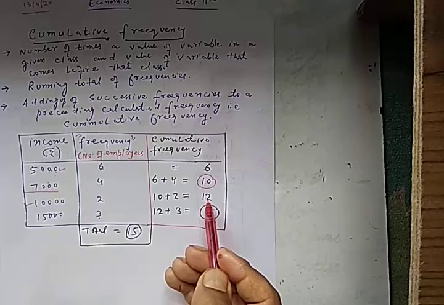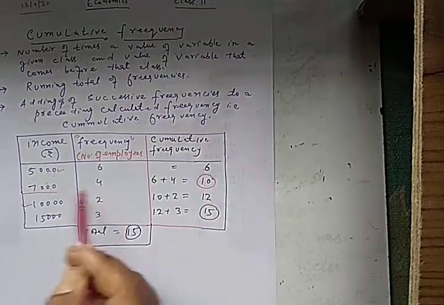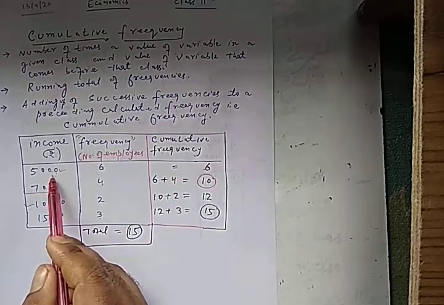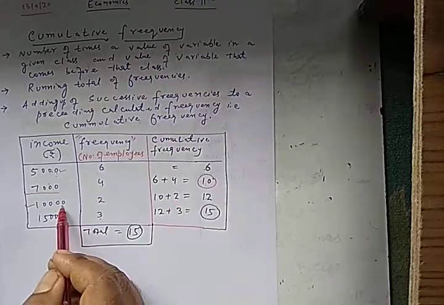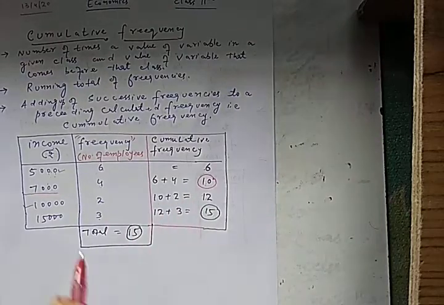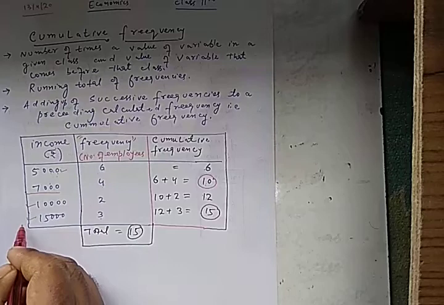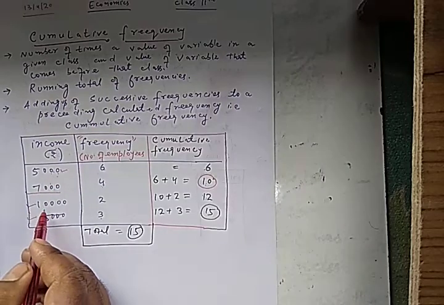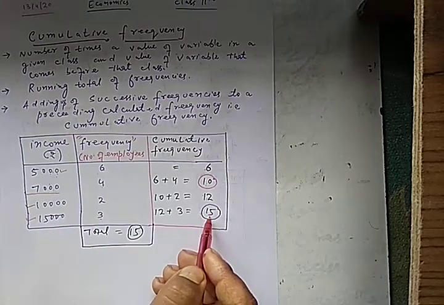It means that out of 12 there are 4 persons whose income is equal to 7000, and 6 persons whose income is equal to 5000, and 2 persons whose income is equal to 10,000, and the addition of these becomes equal to 12. Similarly, now 15,000 becomes the given class of income, and all these become the classes of income that come before this.